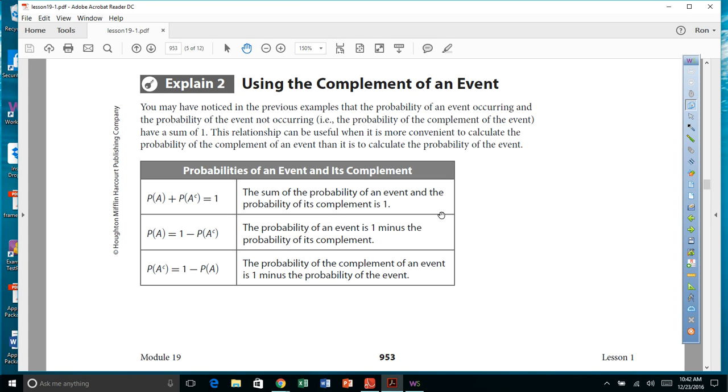All right, using the complement of an event. You may have noticed in the previous example that the probability of an event occurring and the probability of an event not occurring, i.e., the probability of the complement of the event, have a sum of 1. This relationship can be useful when it is more convenient to calculate the probability of the complement of an event than it is to calculate the probability of the event.